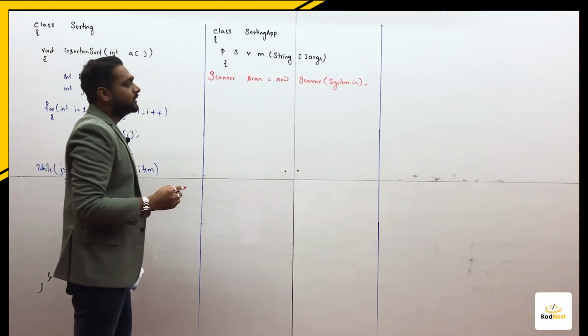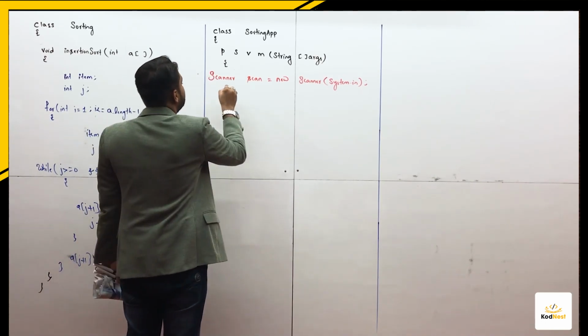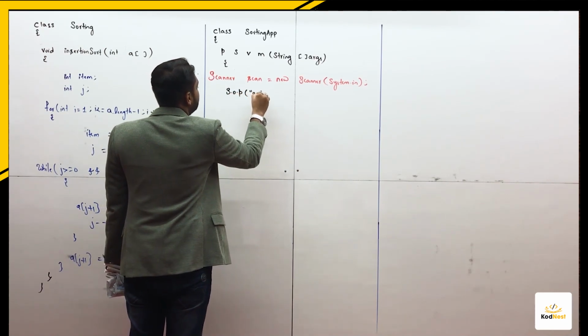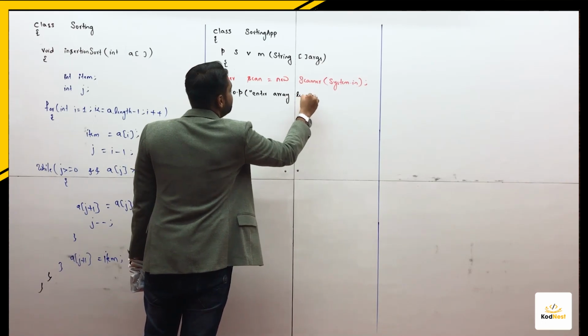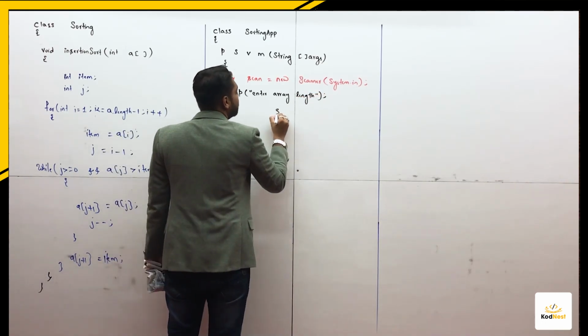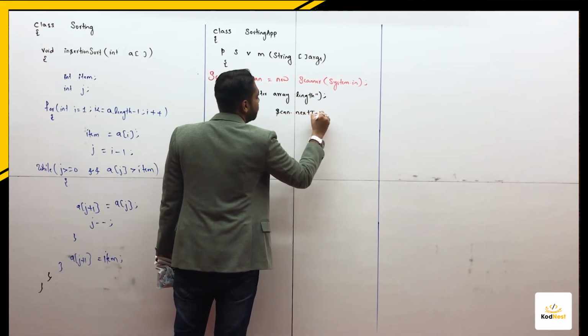Next, I would tell the user, System.out.println, enter array length. By seeing this message, the user will enter array length. I would collect it by telling scan.nextInt.